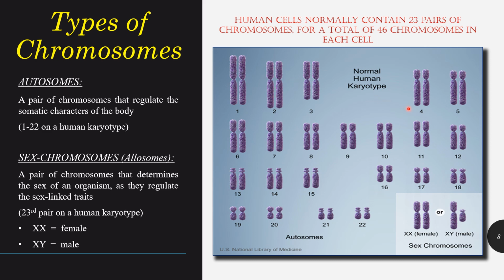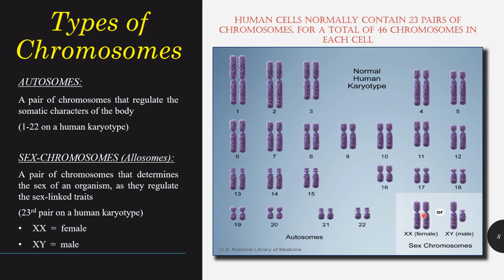Out of all these 23 pairs, 22 pairs of chromosomes are all autosomes, but the last 23rd pair is known as the sex chromosomes. These sex chromosomes determine the sex and sex-related characteristics of an organism. This is the basic difference between autosomes and sex chromosomes.